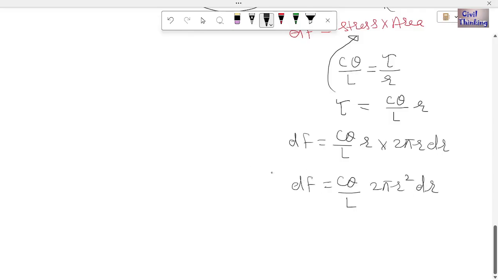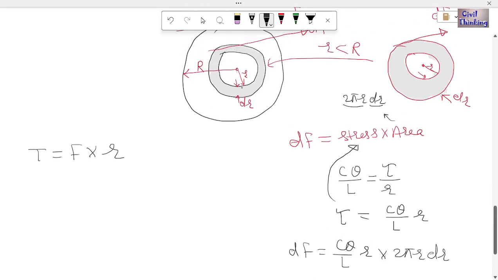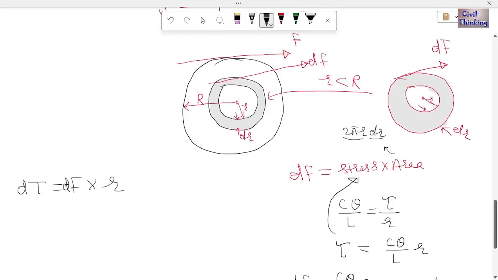Now we found the dF. Now remember, how do we find the torque? In my previous class I told you the relation: torque is force multiplied by lever arm. For this small strip, I can write dT is dF times r, since the distance is r.